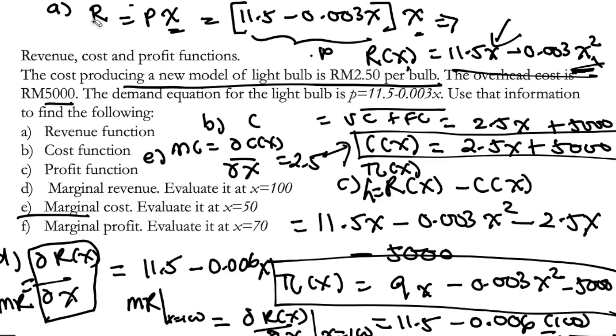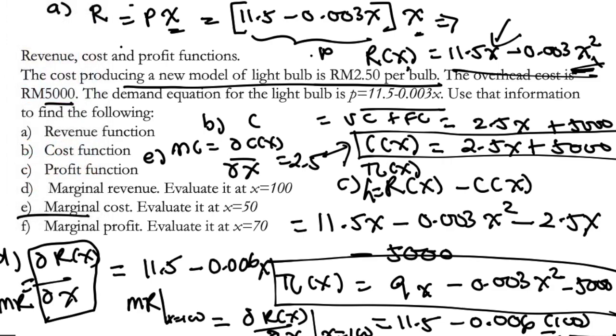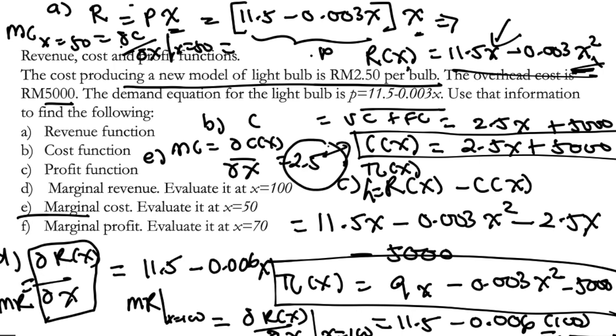What's the answer? This one I can't remove it. So here, let me write it here. So I'm still answering question E, but I don't have enough space. So E, MC at x equivalent to 50, or delta C over delta x evaluated at x equivalent to 50. What's the answer? Because you see here, the result is 2.5 without x. It's a constant. So the answer is always 2.5.